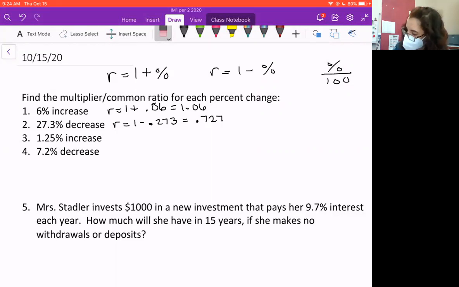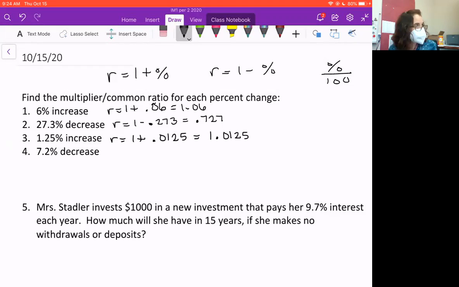A 1.25% increase. Increase, again, is we add to 1, change that to a decimal, and that'll be 0.0125. So we add 1.0125. 7.2% decrease. 7.2% is 0.072.